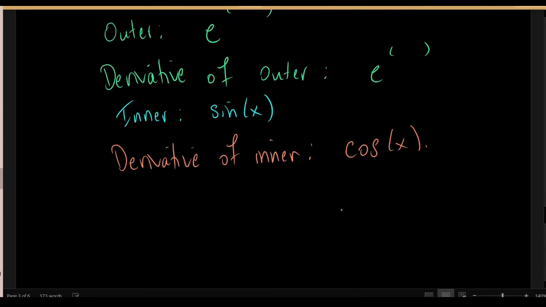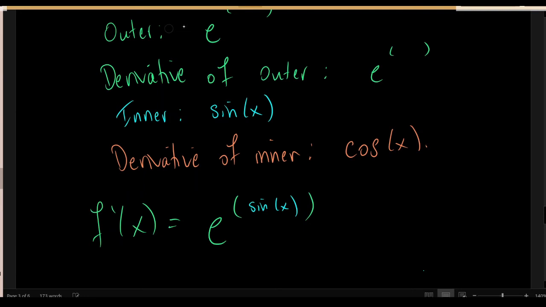So then what's the derivative of the composed function f of x? I would take the derivative of outer, and I would place sine x in the blank. And then I would multiply that by the derivative of the inner function.